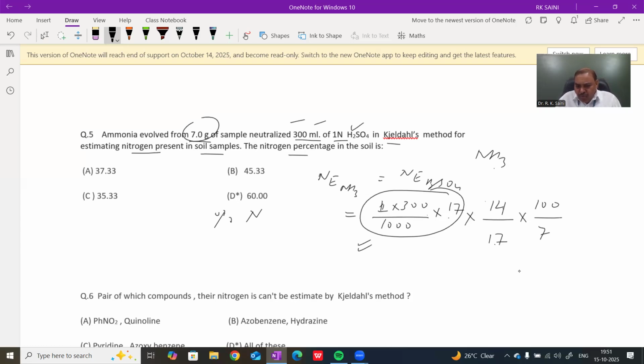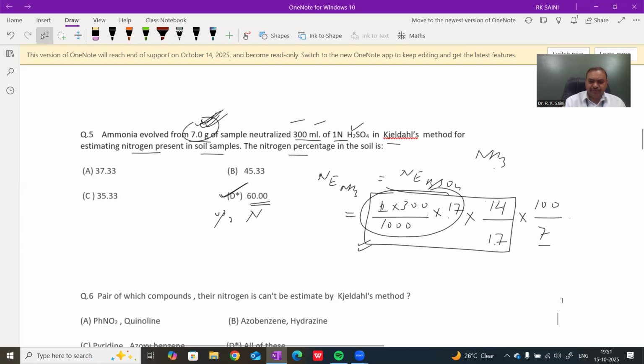Therefore, this amount of ammonia contains this amount of nitrogen. This nitrogen comes from the taken weight of organic compound. In this question we took 7 gram, and hence the percentage is multiplied by 100. Therefore, 60% of nitrogen is present in the given sample.